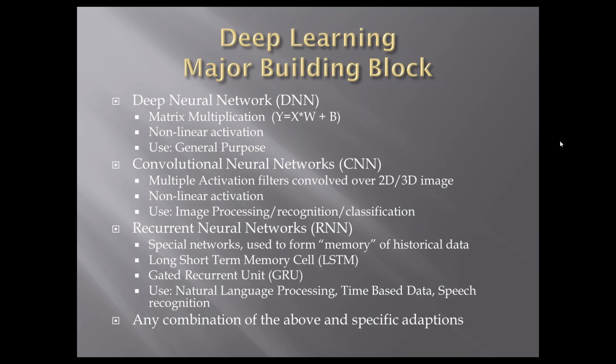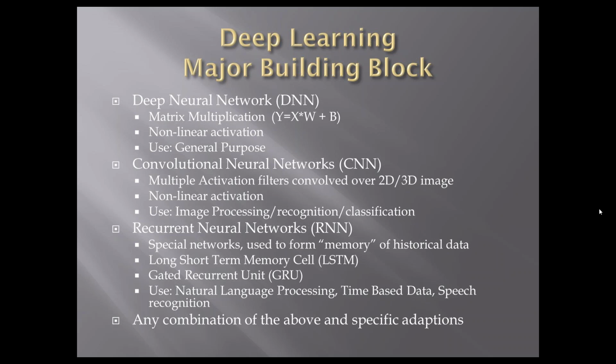The next major building block is the recurrent neural network. These are an attempt to form memory in a neural network. There are a couple of major specializations of the RNN, the recurrent neural network. All of these have their own problems. The problem with the RNN is that you'll have a vanishing gradient, or sometimes an escalation of your gradient, over time.